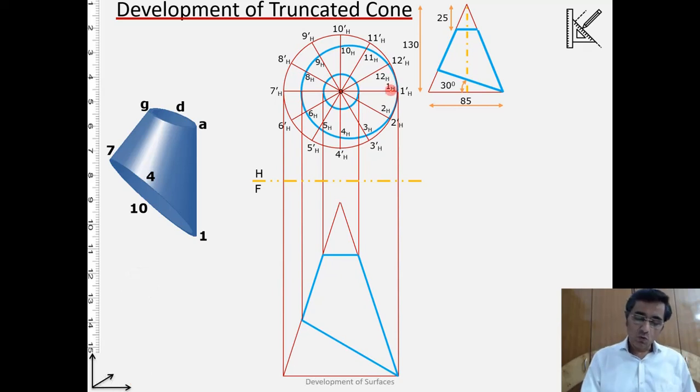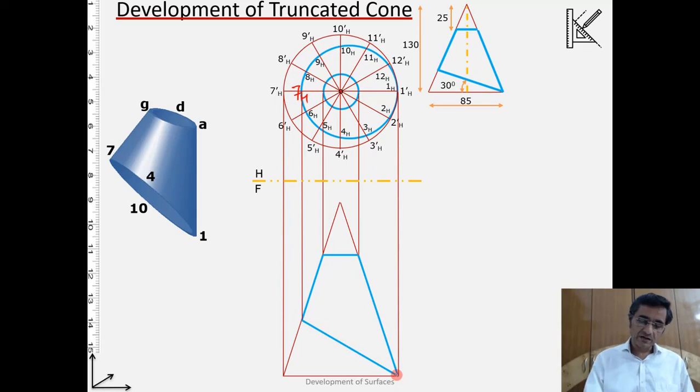So this is 1 dash on the base, while 1, 2, 3, 4, 5, 6 and 7 h here, and 7, 8, 9, 10, 11, 12, these are on the bottom truncated surface here.